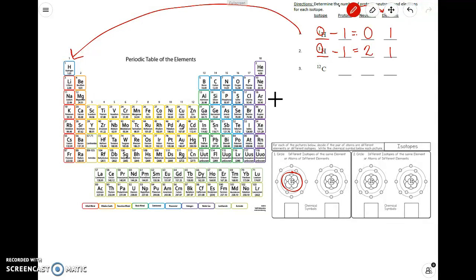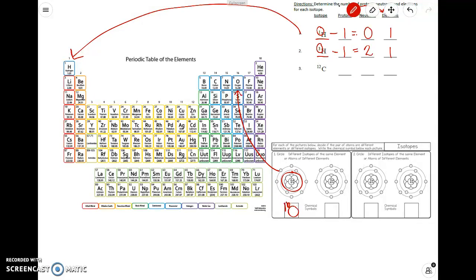So an atom with 8 protons means it's going to be oxygen. So I'm going to write its chemical symbol right here, O. If it has 8 protons and 8 neutrons, its mass number is going to be 16. The mass number always goes up on top.